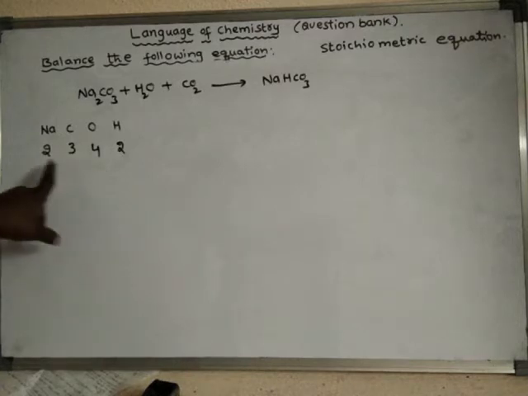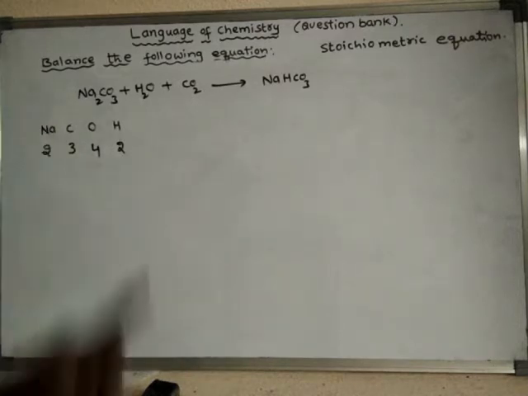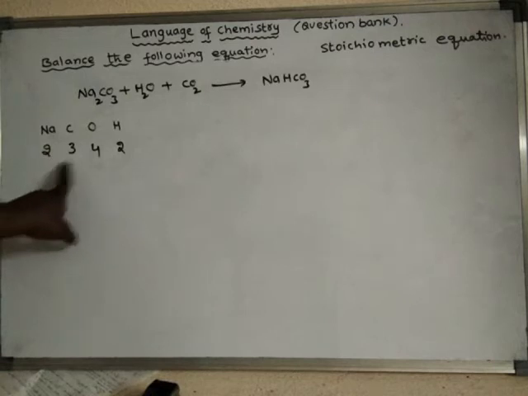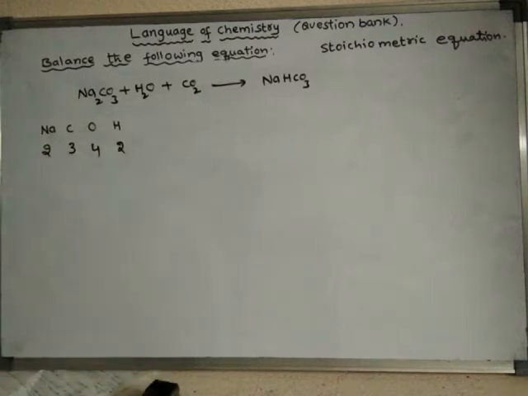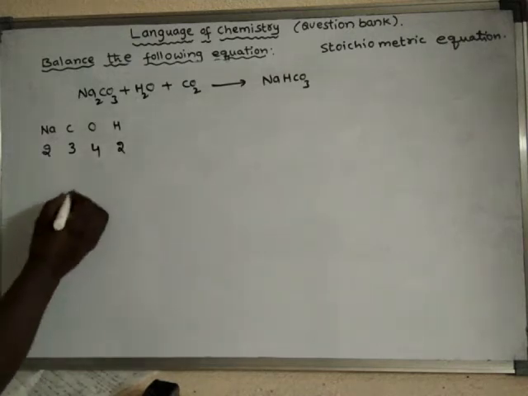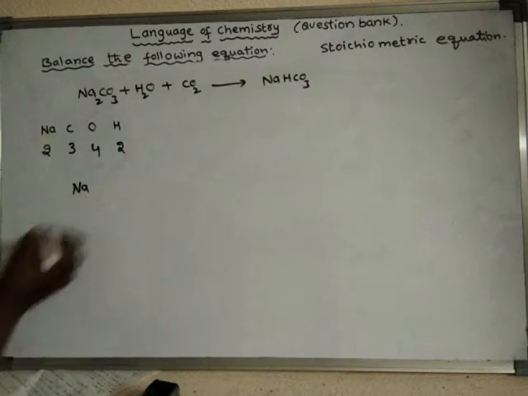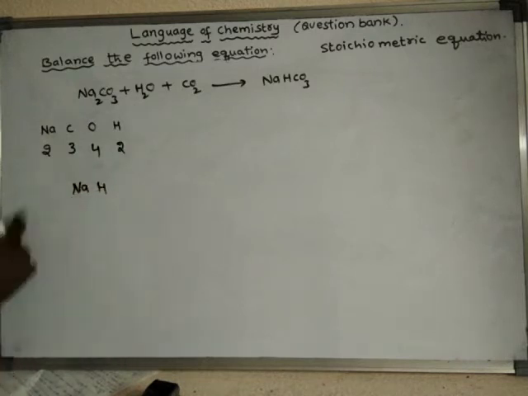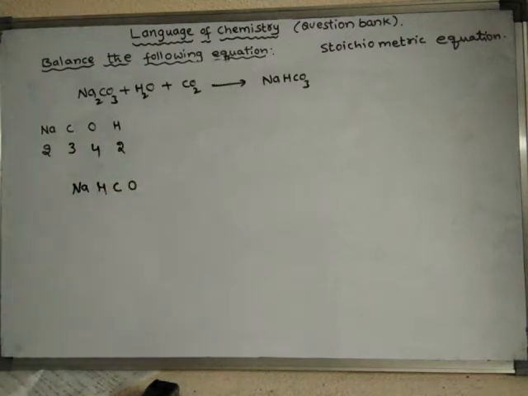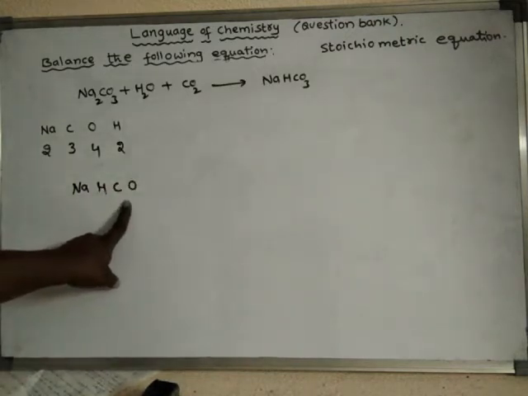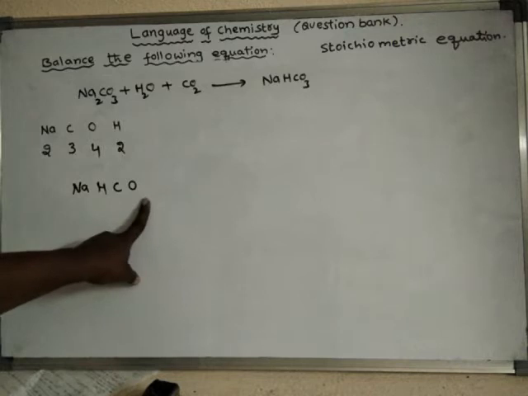We have to arrange the metallic element first. Here sodium is a metal and hydrogen is a non-metal. When a metal and a non-metal have the same frequency number, first we have to write the metal. Now sodium, and after that hydrogen, and after that carbon will come, and after that oxygen will come.